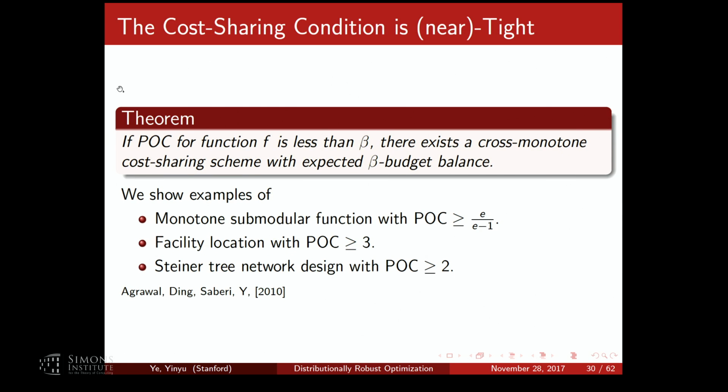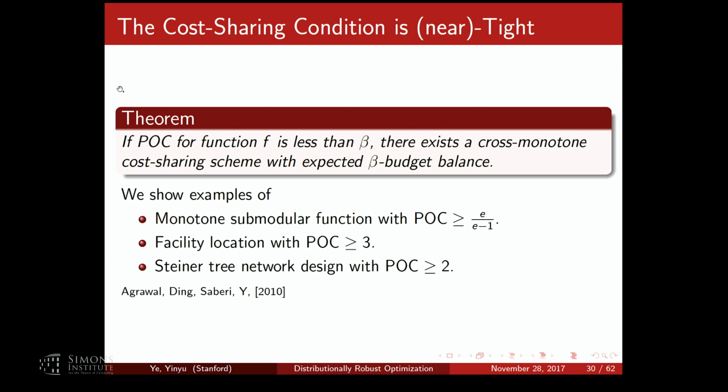It turned out this beta function can also provide a lower bound. I'm not going to go into details. For submodular functions, you can prove POC is also lower bounded by e divided by e minus 1. So that relates to the question.